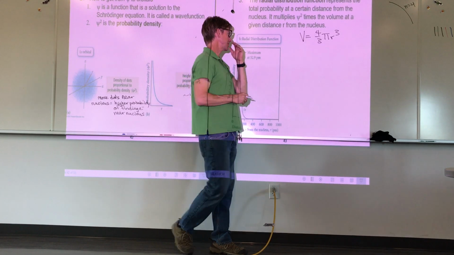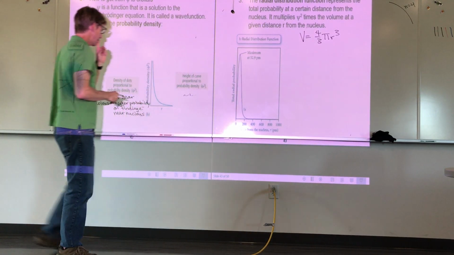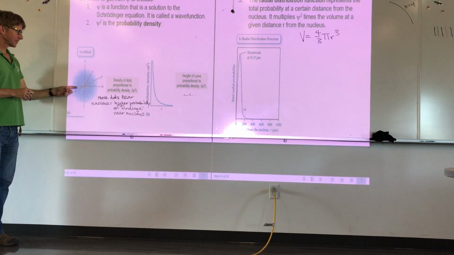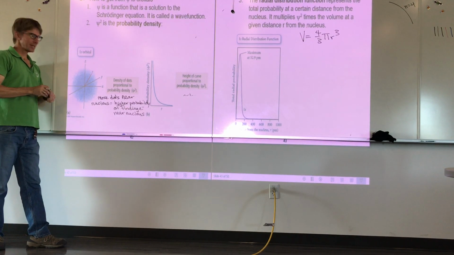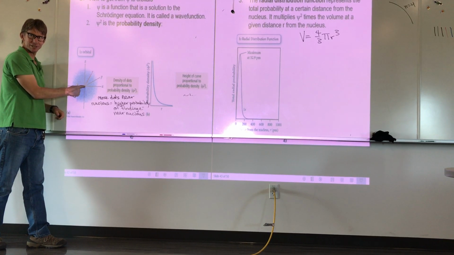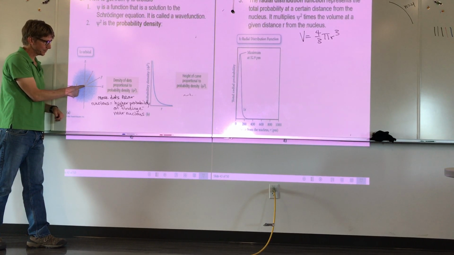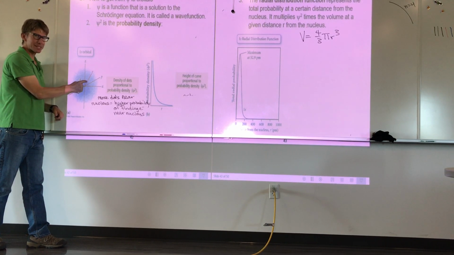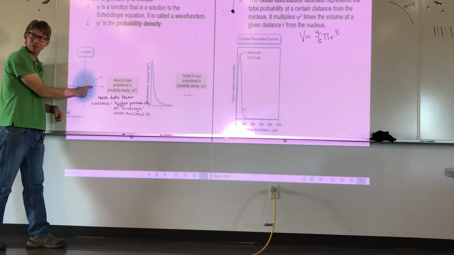All right, so now let's come back to this for a minute. This is the density of electron probability. And if we multiply the density times the volume, you get the actual probability.